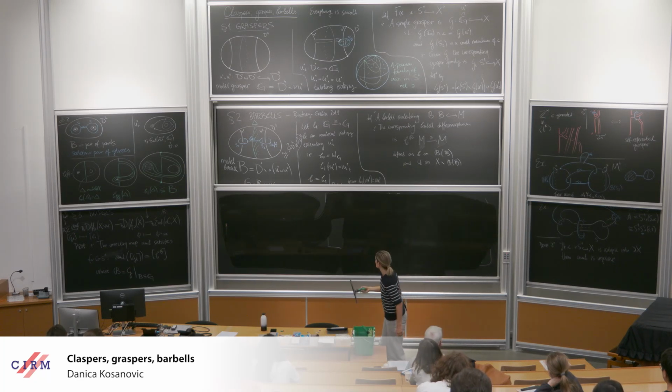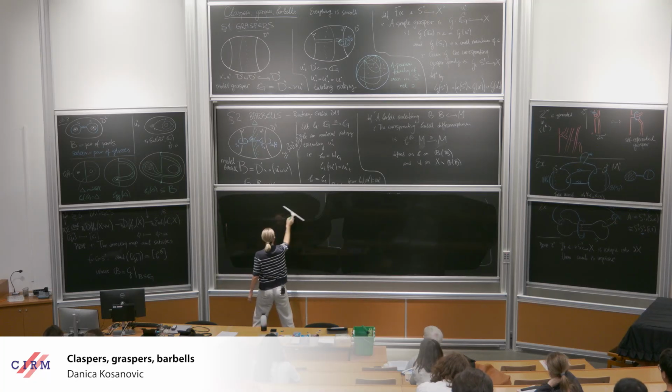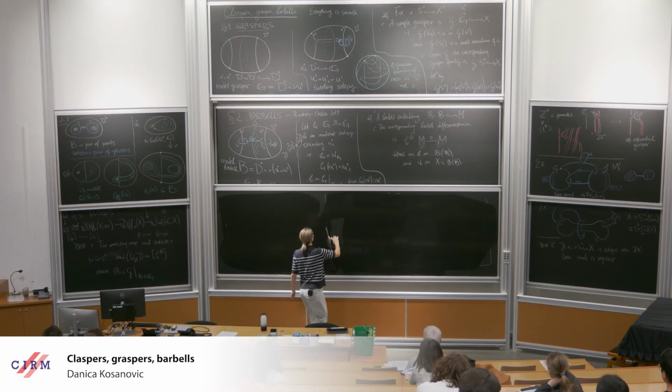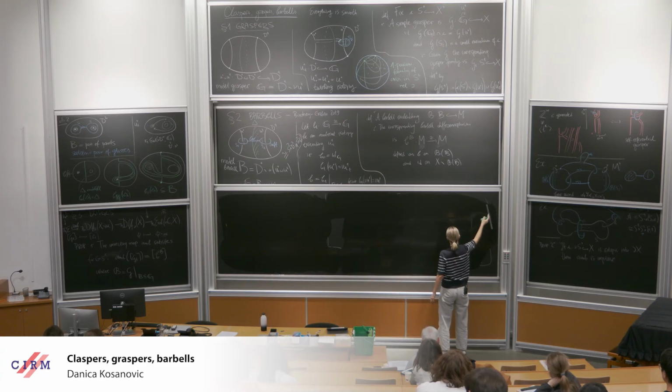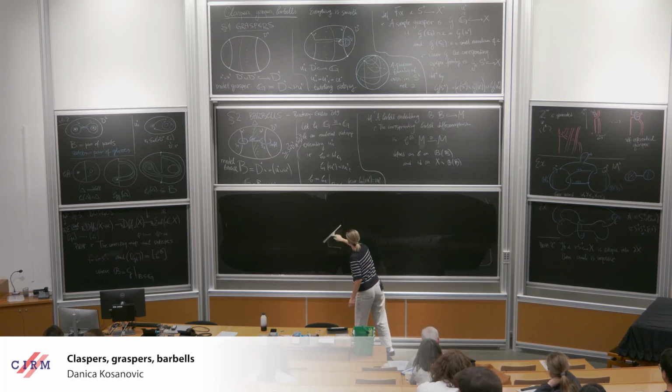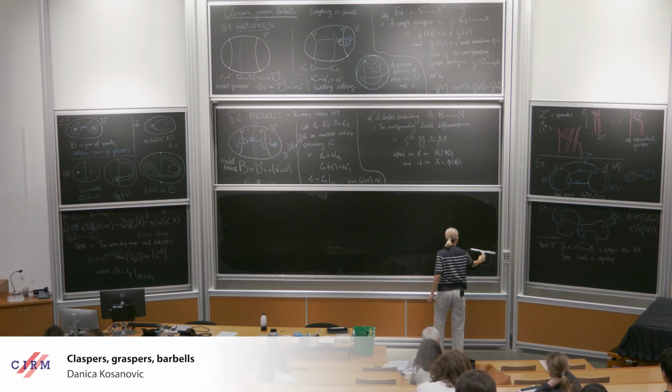So let me state one theorem about bridges between barbells and Graspers. Well, this proposition already kind of relates them. Let me show you a concrete example of how they relate.